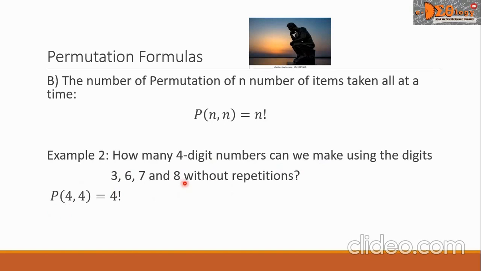There are 4 digits here, and 4, because we require a 4-digit number, simply means we are taking all the digits at a time. So this is equal to 4 factorial. So 4 times 3 times 2 times 1 equals 24. This is our final answer.